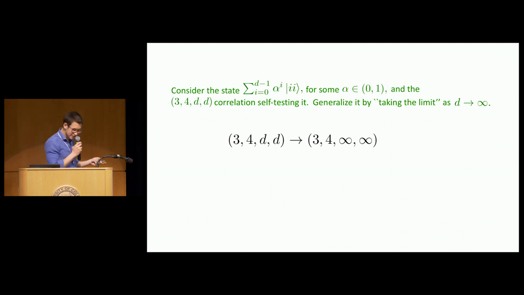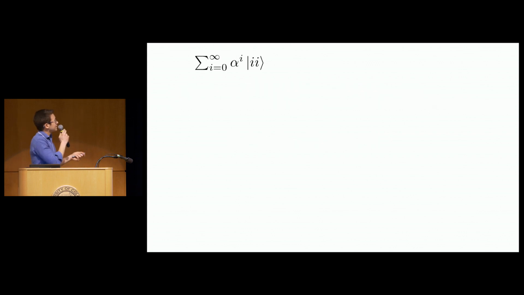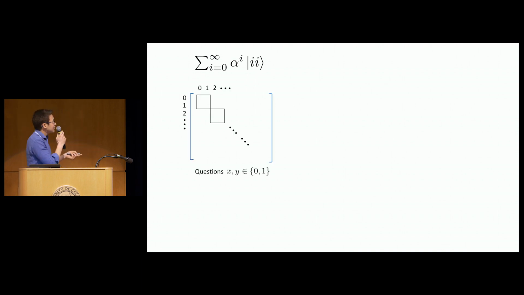So you might wonder, first of all, does this even make formal sense? Yes, it does. Simply, we're going to an infinite dimensional Hilbert space. The ideal state is now a sum of alpha to the i, ranging from i equals 0 to infinity. And the ideal observables have the same form that they had before.